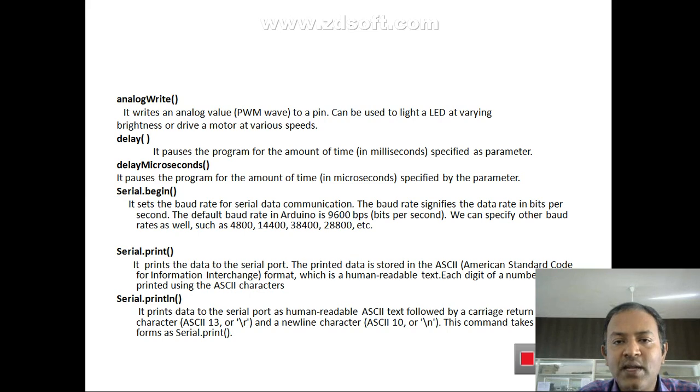For that purpose we use Serial.begin. It takes values such as 4800, 9600, 14400 and 19200. We set these as the baud rate, so each value is a speed.